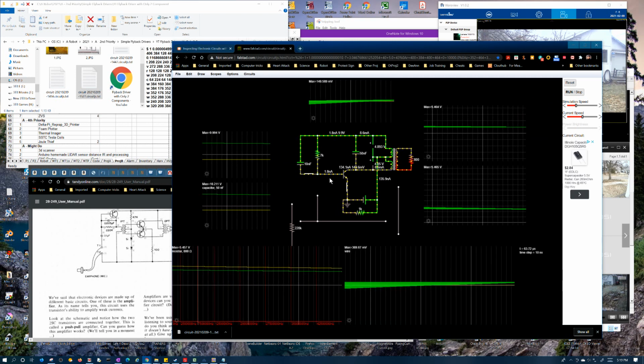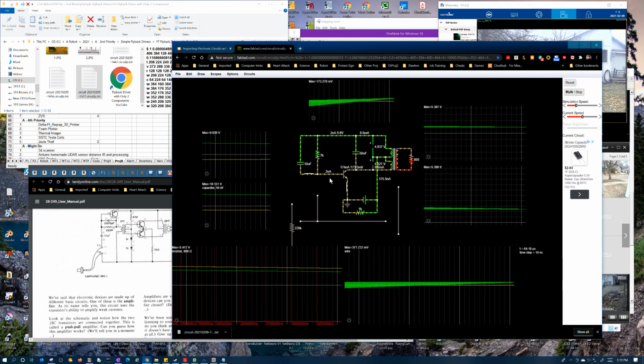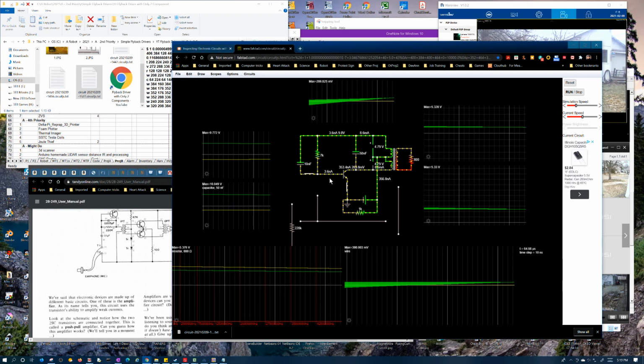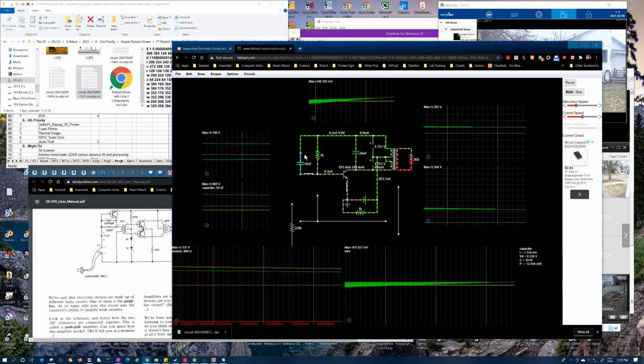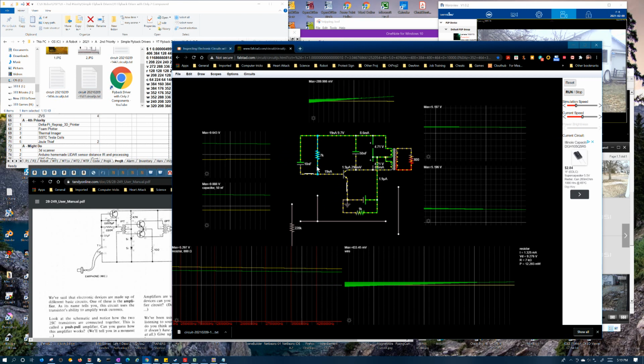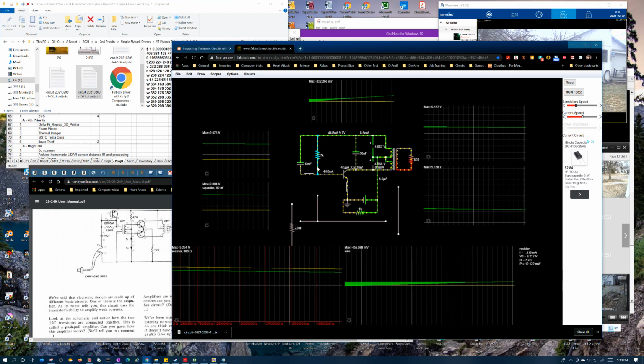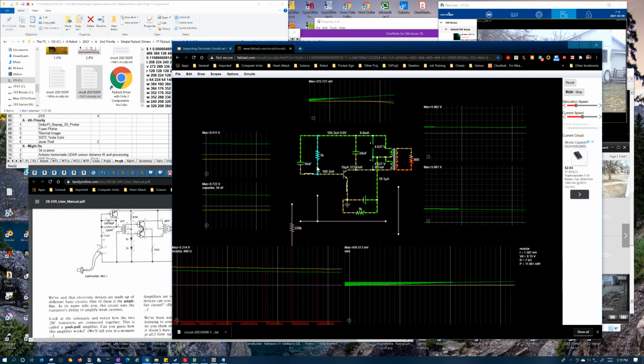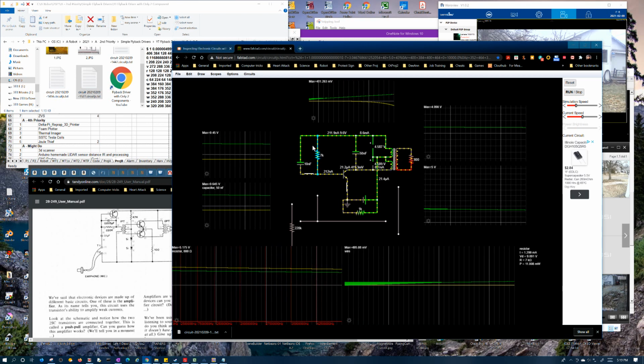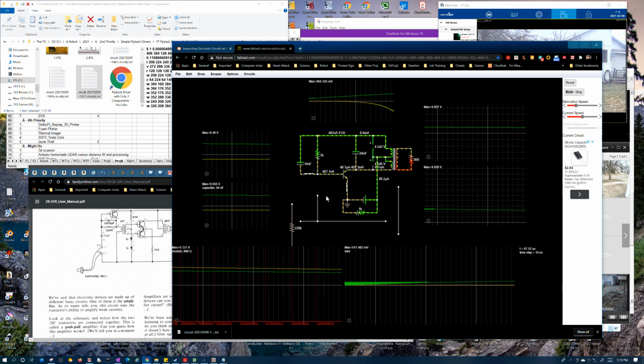We have picoamps of current going through the base too at this point, which is weird. How is this capacitor discharging? Although it could be discharging through this resistor, actually. Yeah, in fact, it probably is. That's probably discharging this capacitor anyway.